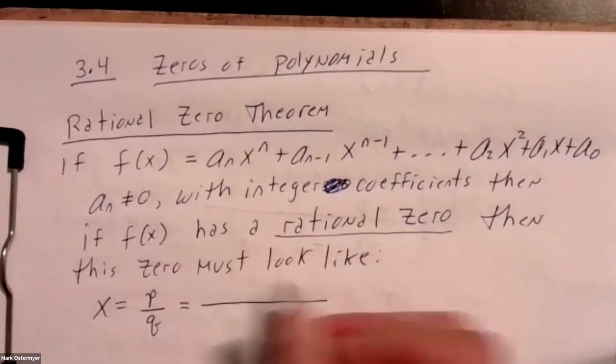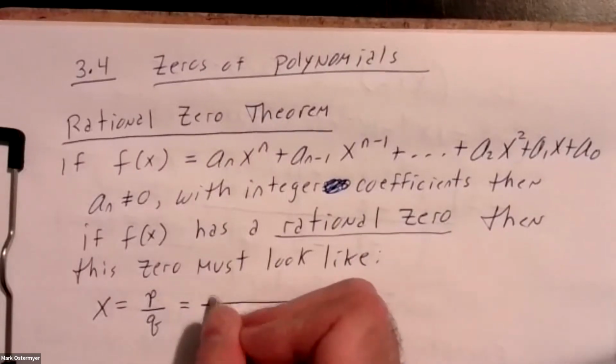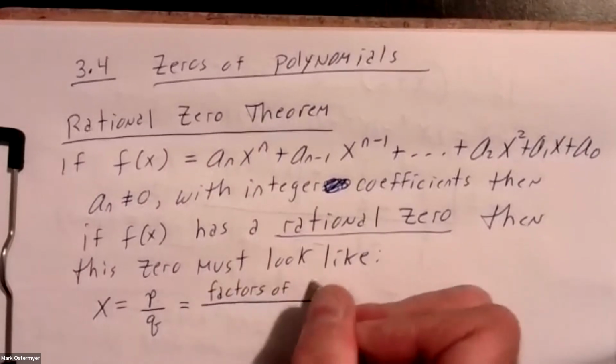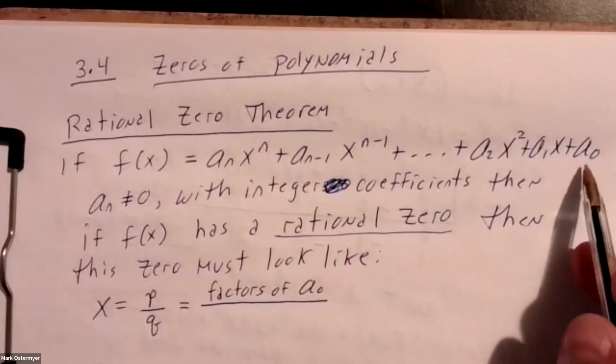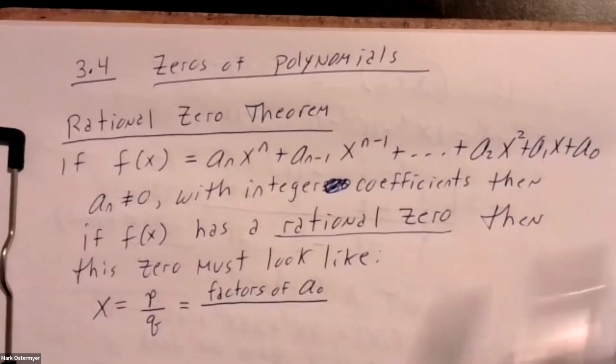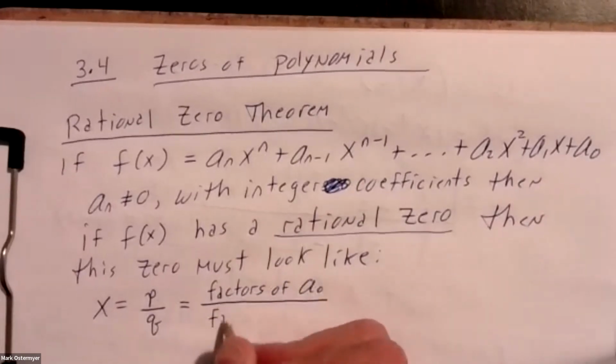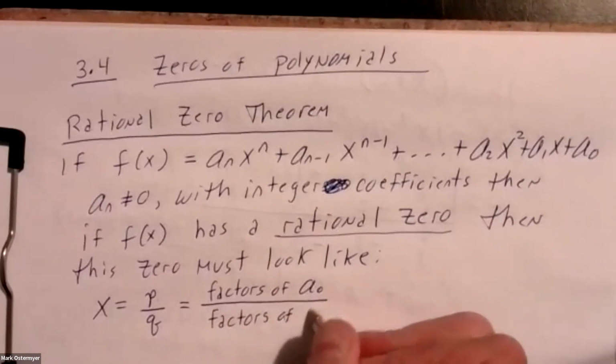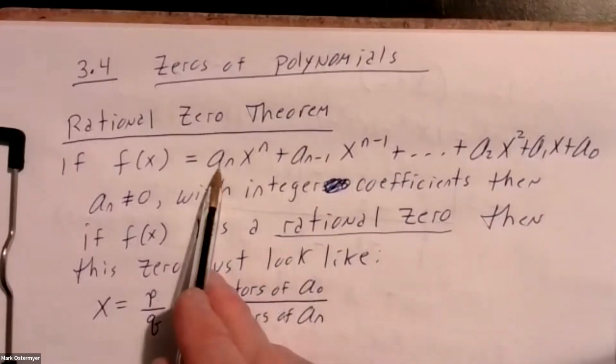Where, ladies and gentlemen, p represents factors of the constant term of our polynomial function. Factors of a sub 0, which is the constant term, way at the end. q must be a factor of the leading coefficient, a sub n, out here.